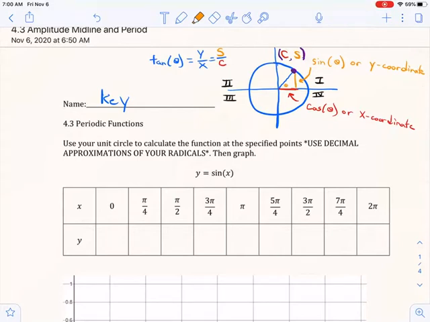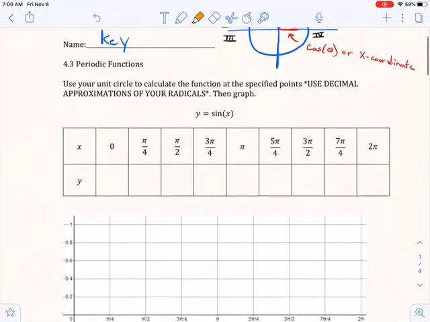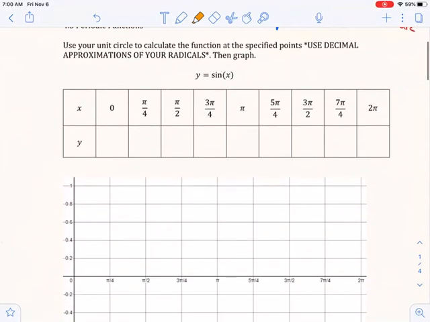Today's lesson is also going to be relatively easy in terms of exploring. There's not too much instruction; it's mostly visualization. What we're going to be doing is completing a table for sine of x and figuring out what it looks like on a coordinate plane, because I'm plugging in all of these values and getting answers out of it.